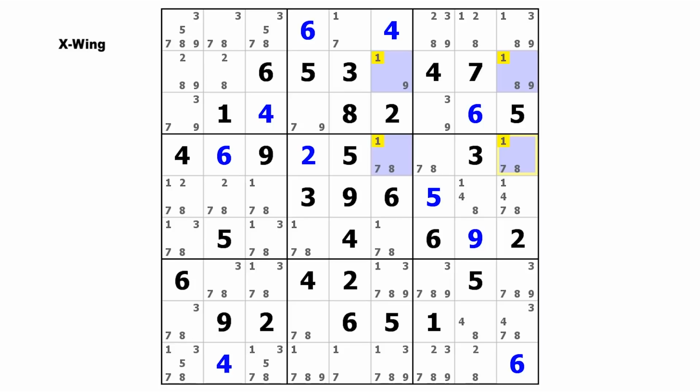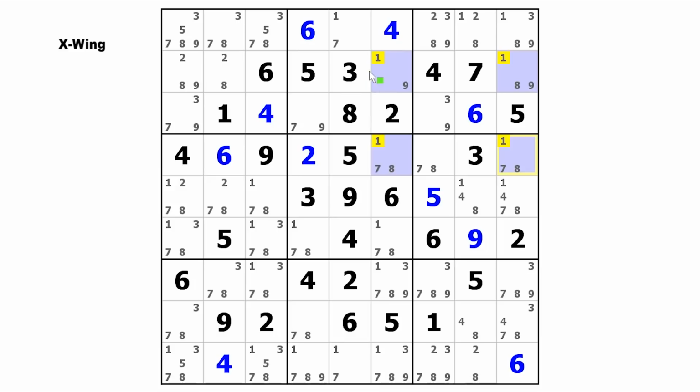In this puzzle, the candidate 1s are conjugate pairs in the two rows, row 2 and row 4. In each of those rows, we know that one of the two candidate 1s must be true and the other must be false. And the only way this can work out is if one diagonal pair of those 1s is true and the other diagonal pair is false.